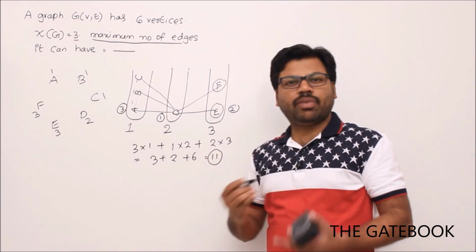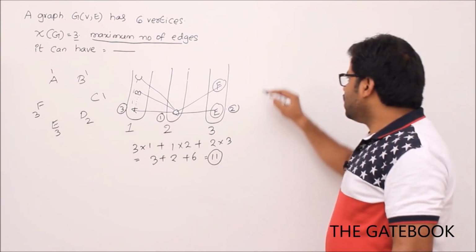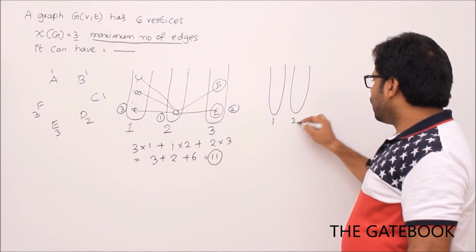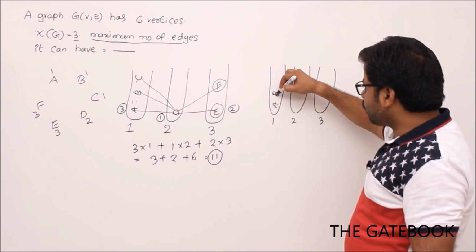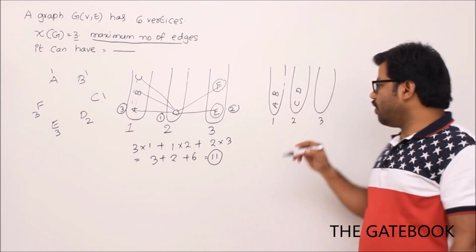Can we have a better possibility? For that we have to change the structure of the graph. Let me change the structure. I take color 1 vertices as A, B, and color 2 as C, D. That means I am equally distributing them. I will tell you the reason why.